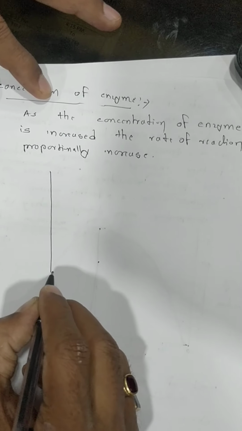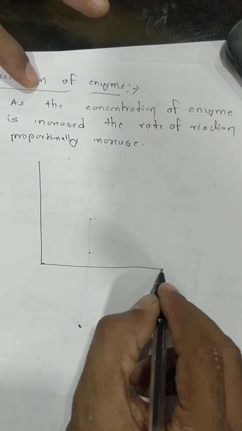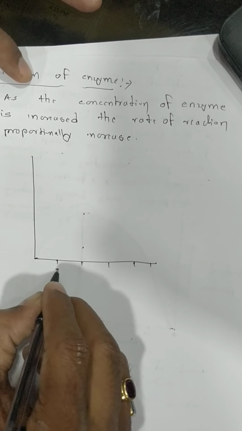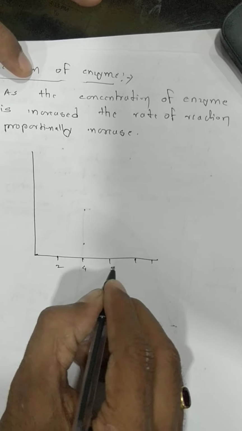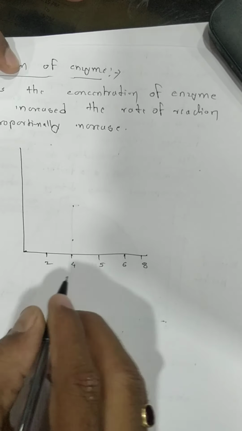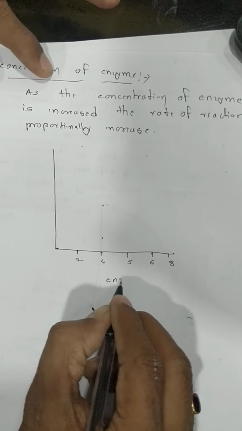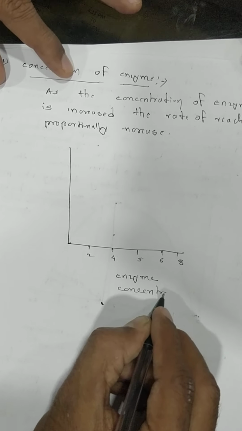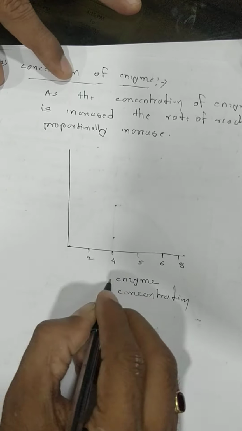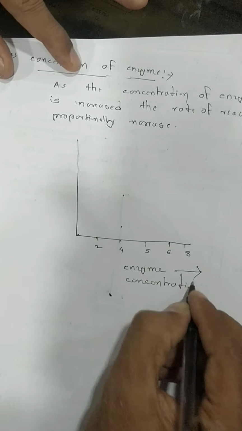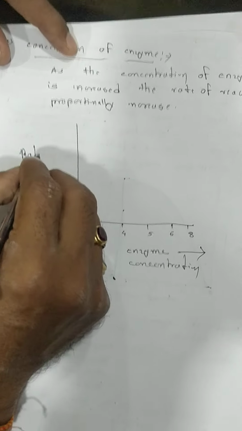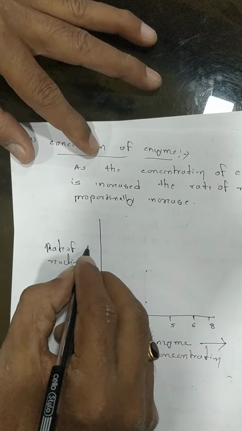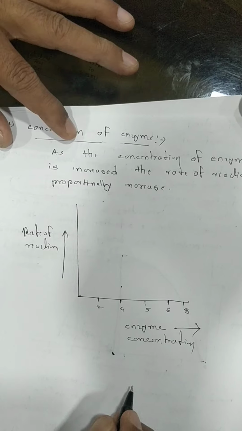See the graph. The enzyme concentration and the rate of reaction, or the enzyme velocity.